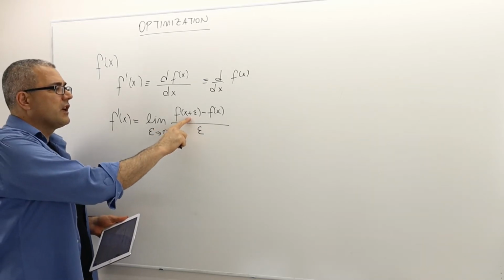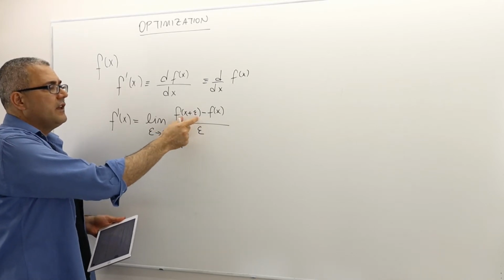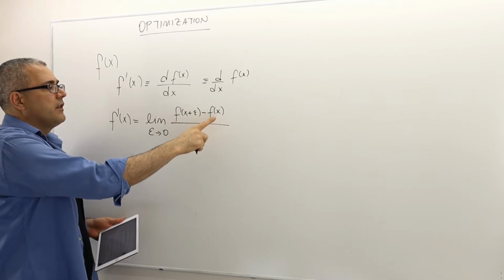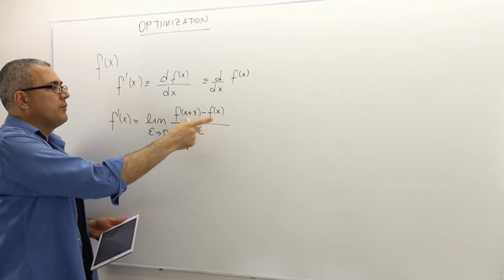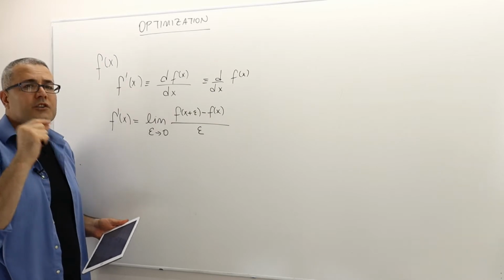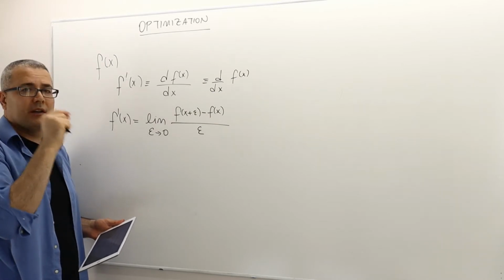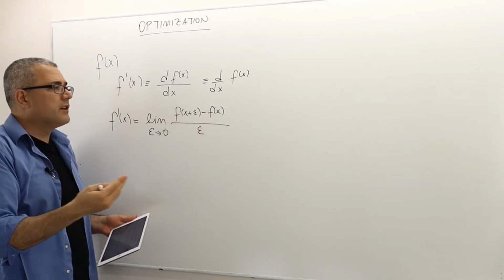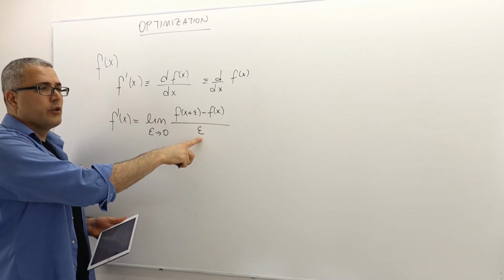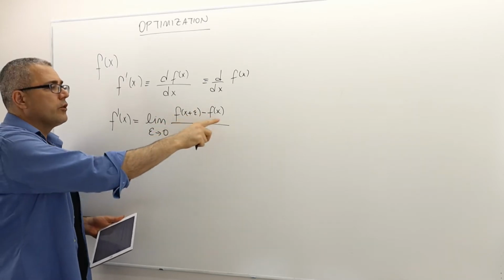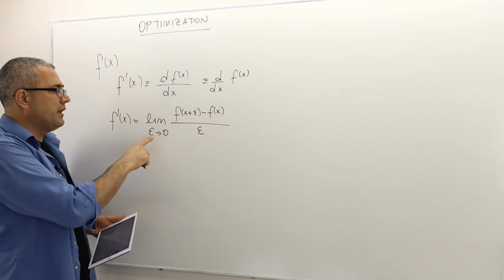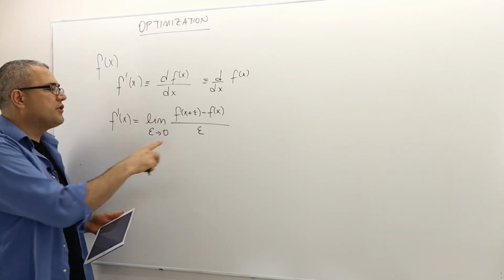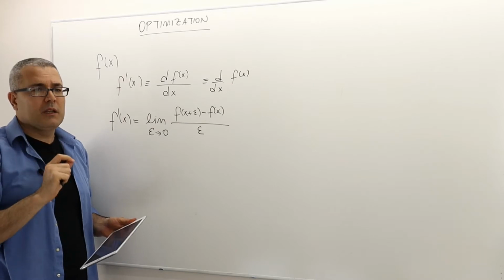I slightly increase the value of x and see how the function f reacts. Given x versus x plus epsilon, this is how much the function's value changes with this slight increase. Here I divide by epsilon, so it's basically the change in the value of the function per epsilon unit of change. And I'm taking the limit as epsilon goes to 0 because the idea is that this change is very, very minimal.